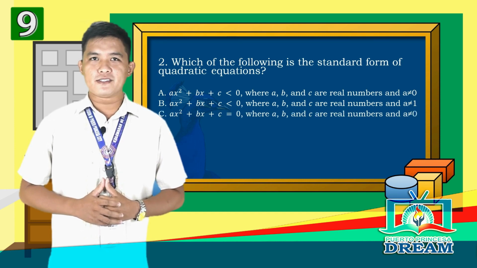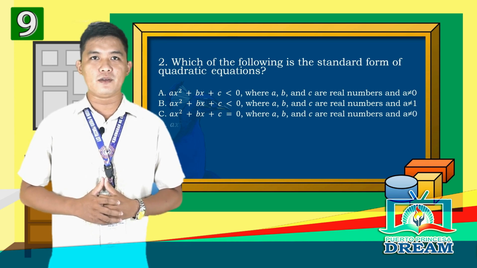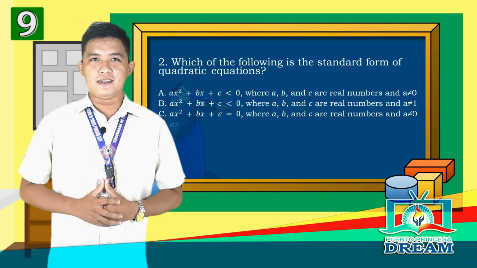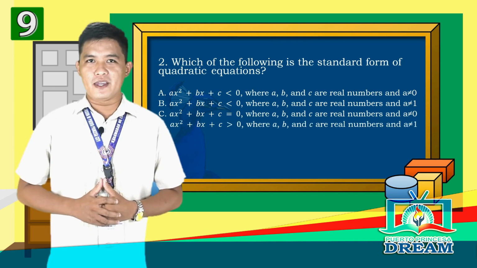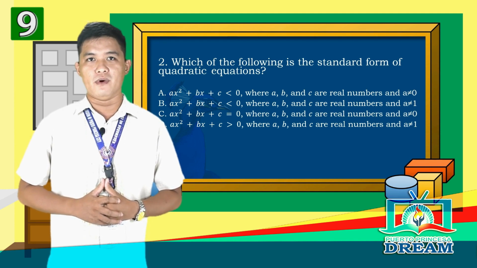C. Ax squared plus bx plus c equals 0, where a, b, and c are real numbers and a is not equal to 0. D. Ax squared plus bx plus c is greater than 0, where a, b, and c are real numbers and a is not equal to 1.